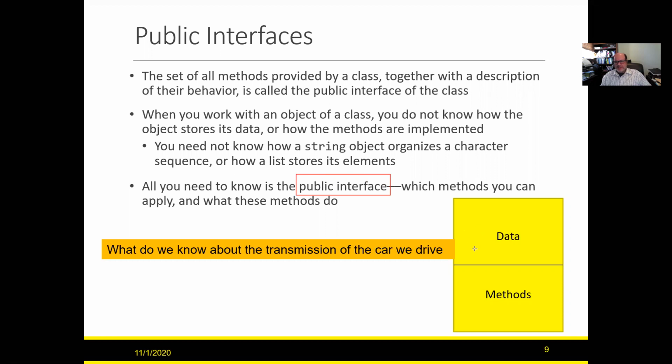Either they're going to get the data or they're going to change the data. So the idea of not giving the detail of our methods to the person who wants to use it is called polymorphism or information hiding.